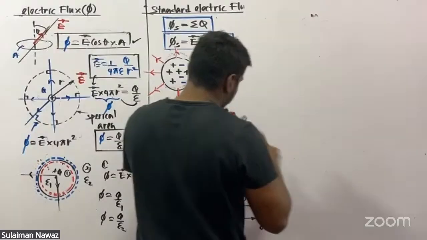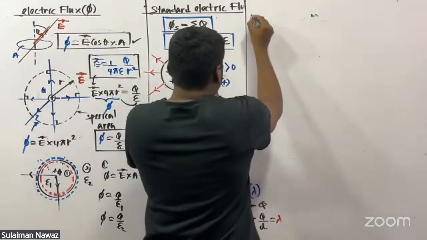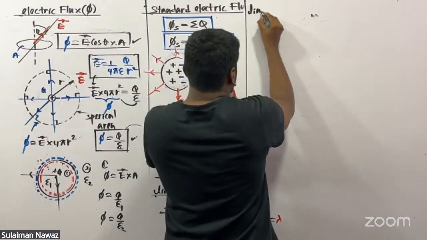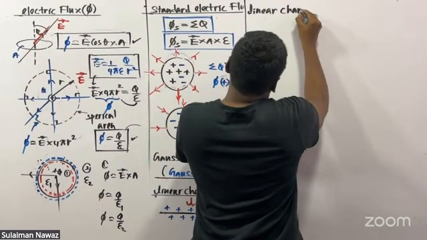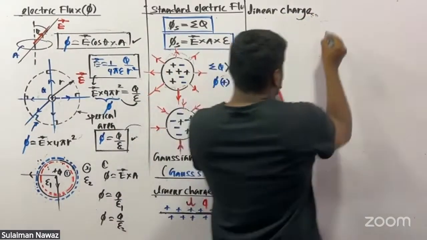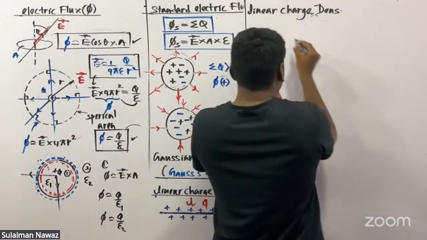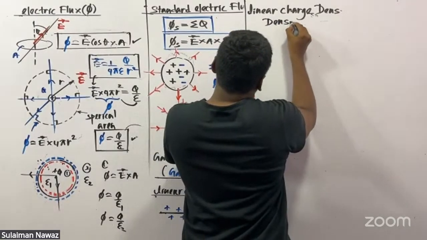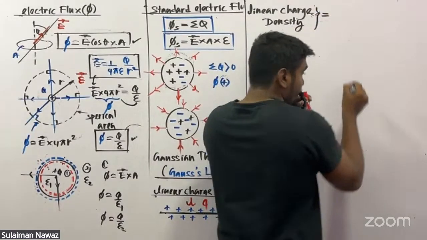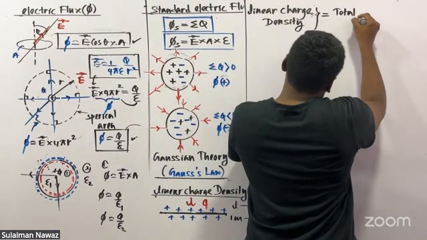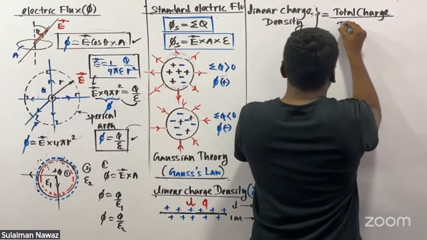You can write it down. Linear charge density means total charge over total length, equals total charge over total length.